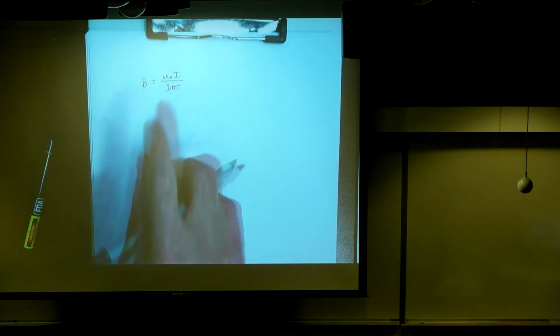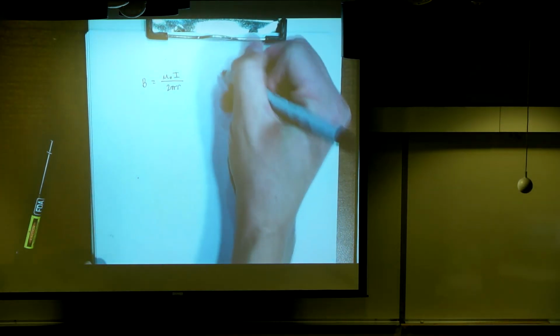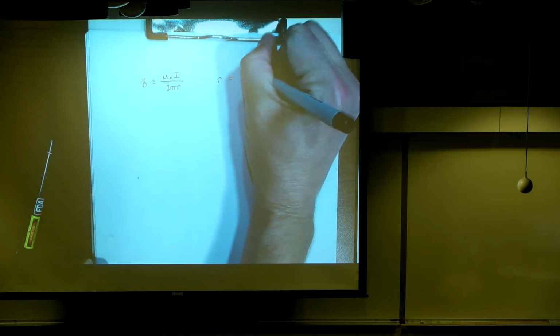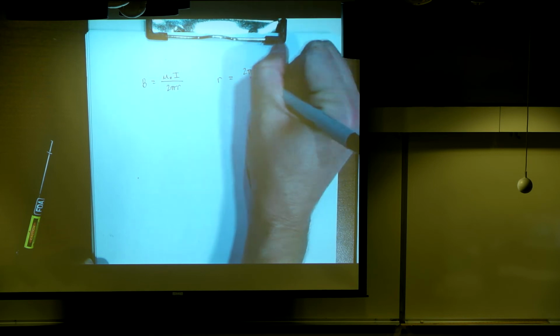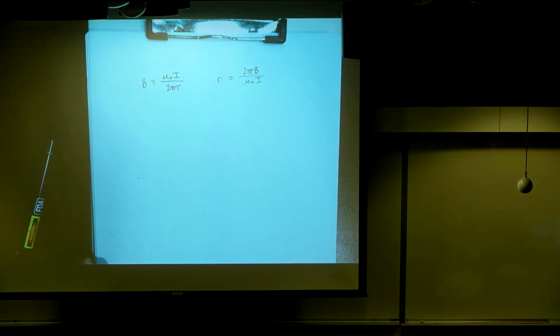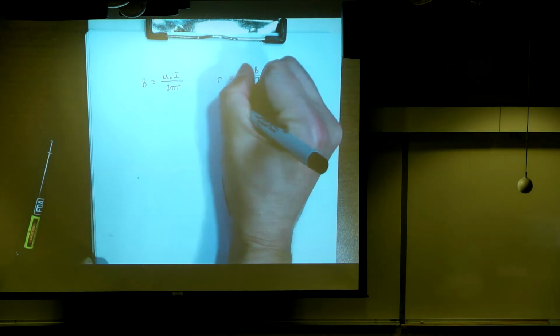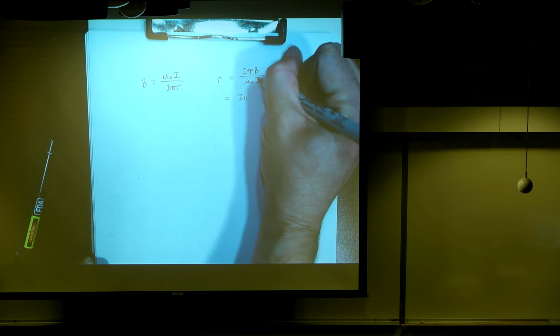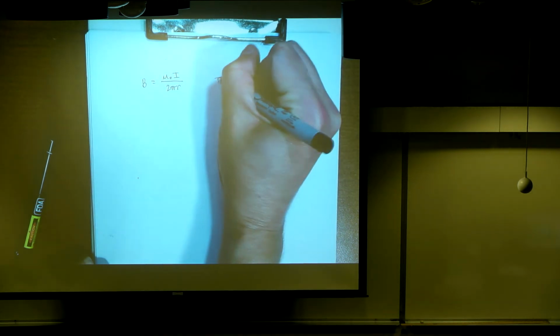So here, let's do the calculation. We have B equals mu naught I divided by 2 pi r. That means r is equal to mu naught I divided by 2 pi B. Let's put the numbers in. We're finding I. Sorry about that.